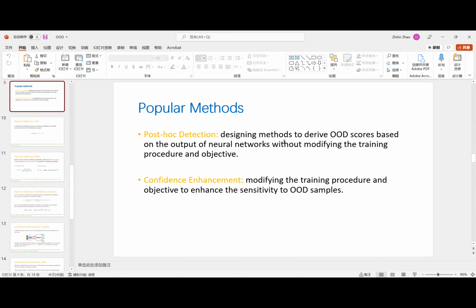You should know that the key is to find the non-IID correlations between the in-distribution and out-of-distribution samples. Based on the non-IID correlation, you can make some basic assumptions to reveal the essential difference between the two kinds of samples, and then design some insights to improve the OOD sensitivity of your networks.